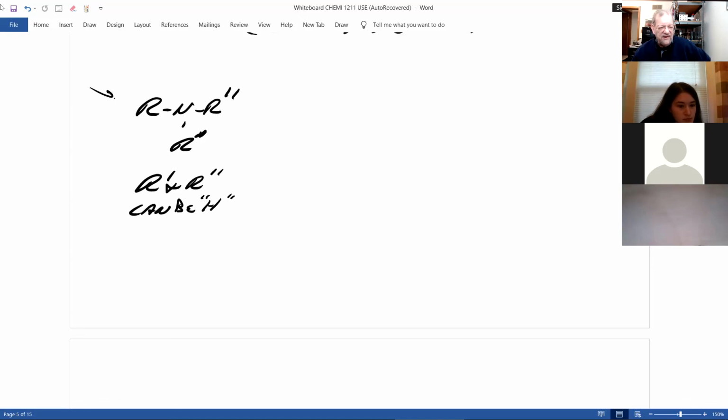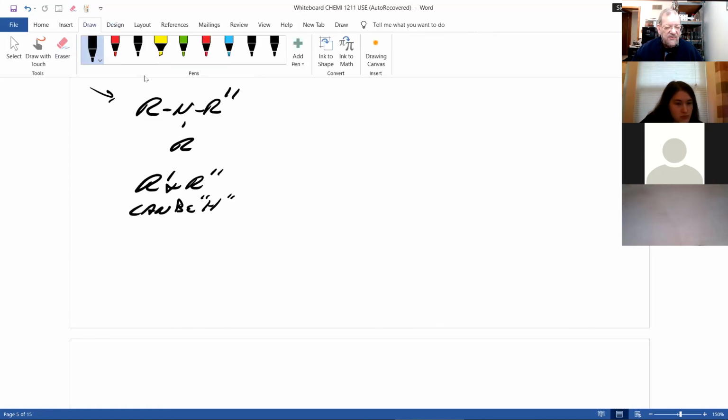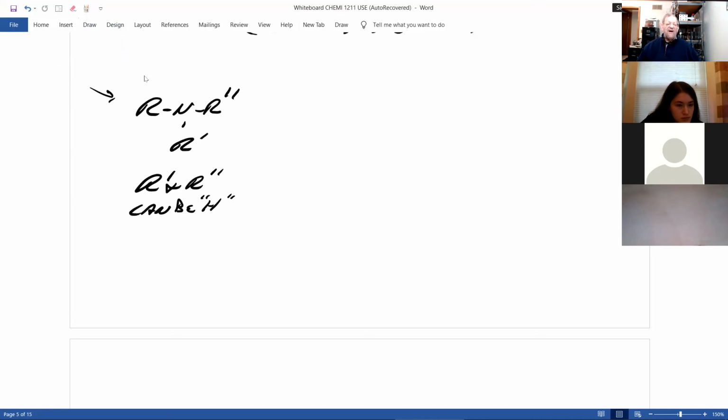Now, what I've written here is a way of designating either a primary, secondary, or tertiary amine. This nitrogen has R prime and R double prime. Now, it turns out for this reaction, R prime and R double prime, both or one or none can be hydrogen. So that takes care of a primary amine when both are hydrogen, a secondary amine when one is hydrogen, and a tertiary amine.